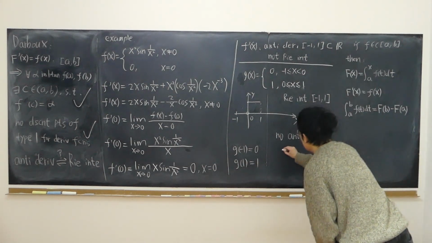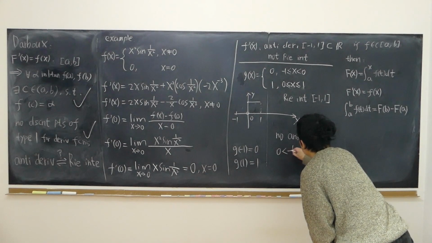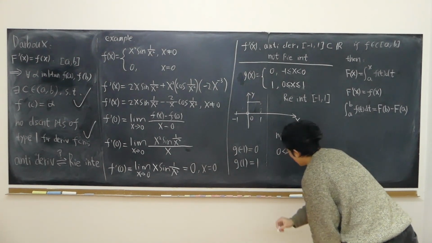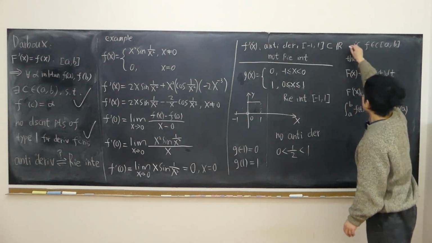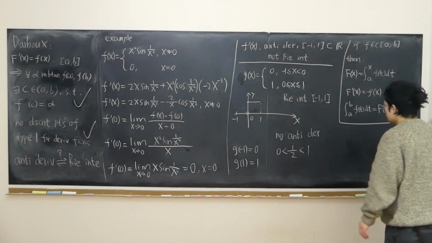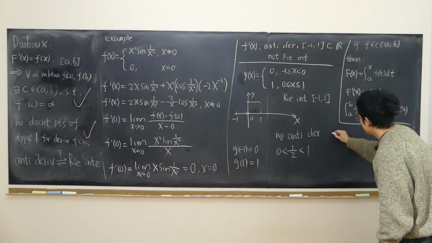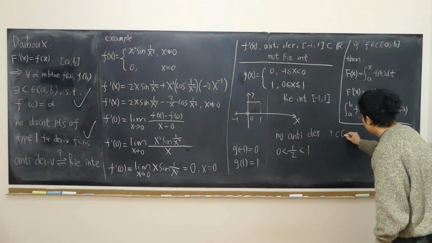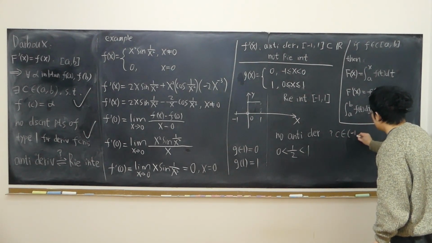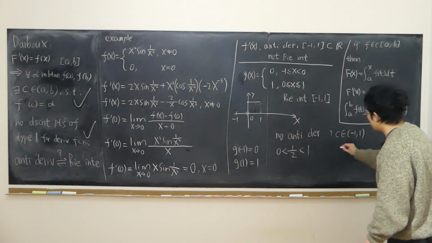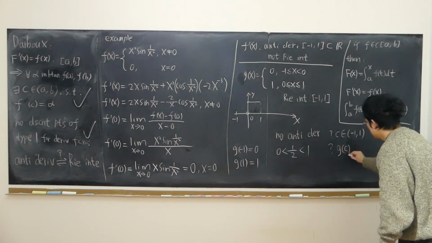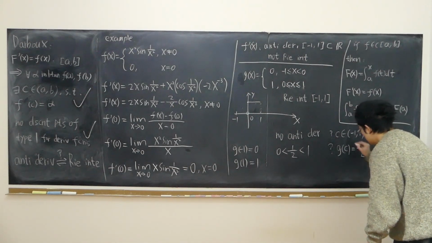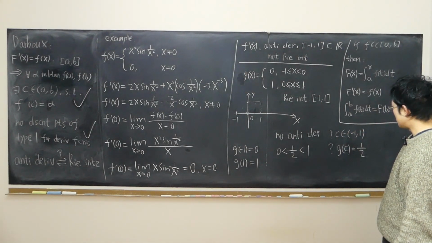How about just half? Is there some constant c inside the open interval so that g of c is equal to half?